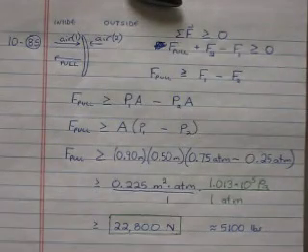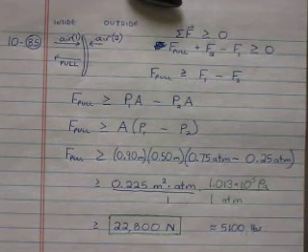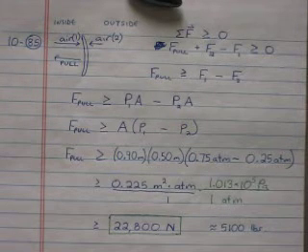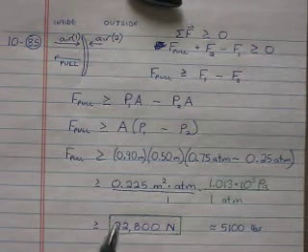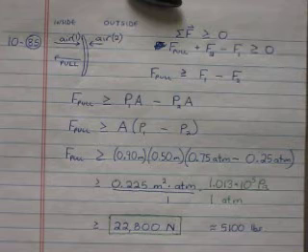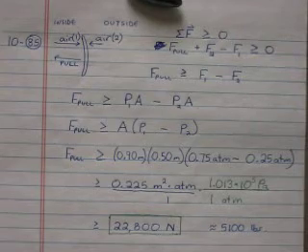Let's get that in MKS units by converting from atmospheres to pascals. So I multiply by 1.013 times 10 to the 5th pascals per atmosphere. And we get 22,800 newtons, which means one person would need to pull with a force of 5,100 pounds to pull this door inward.